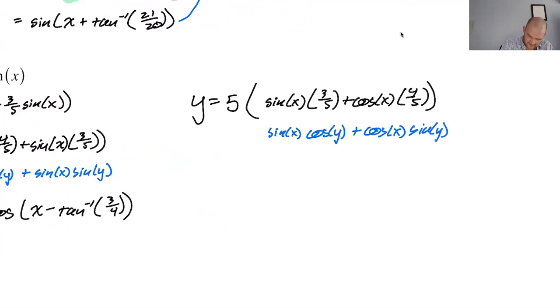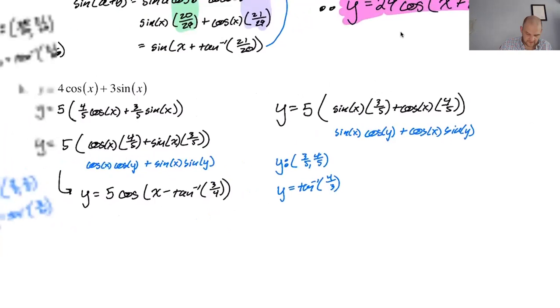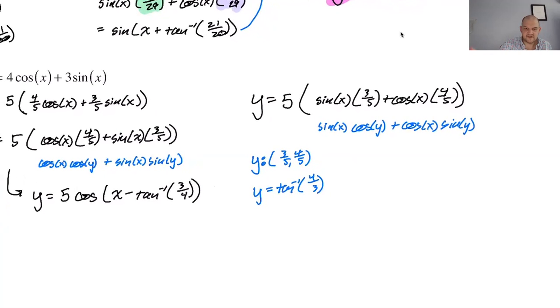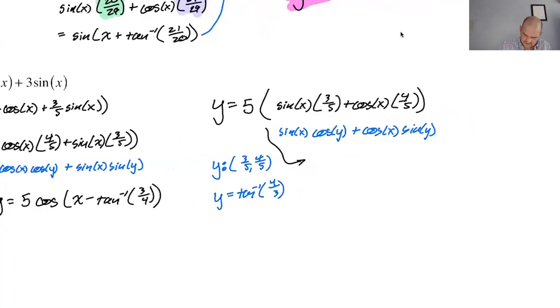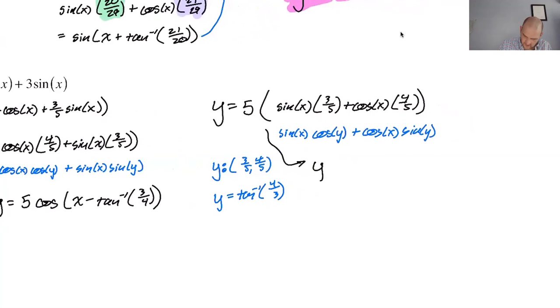So I know that for angle y, the ordered pair is 3/5, 4/5, so the angle y would be the inverse tangent of 4/3. Again, we flip the function from sine to cosine, cosine to sine, and we take the reciprocal of the argument of the angle, I guess maybe is the easiest way to say that. So this is going to be y equals 5 sine of x plus tan inverse of 4/3, and we get that.